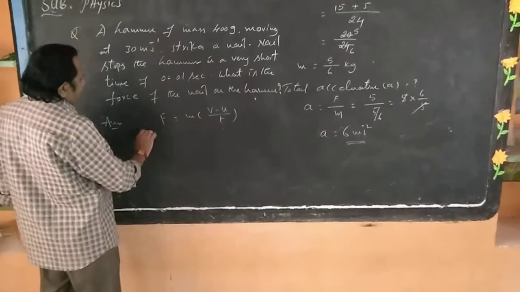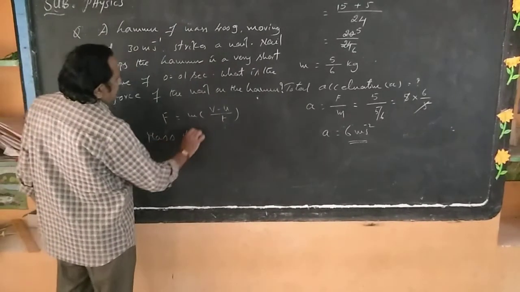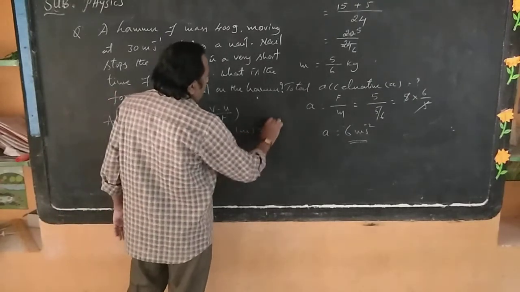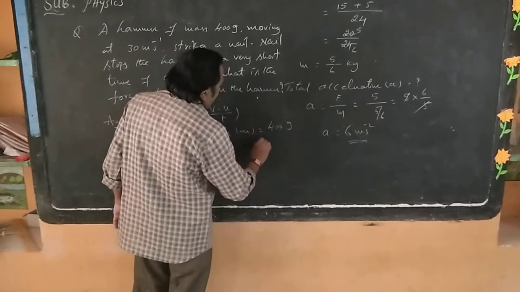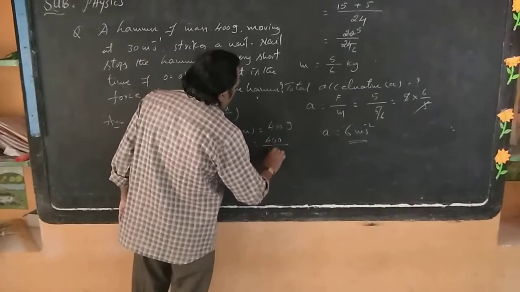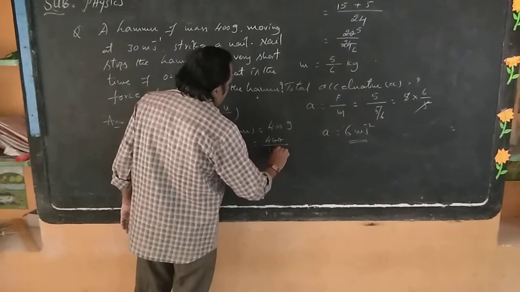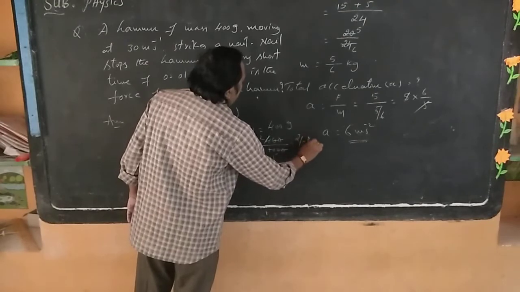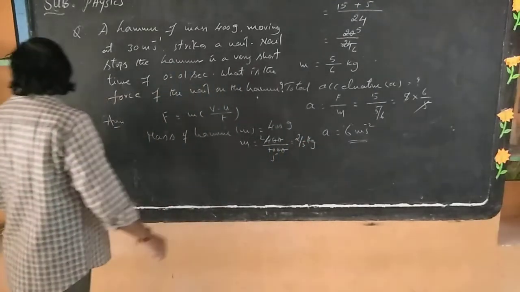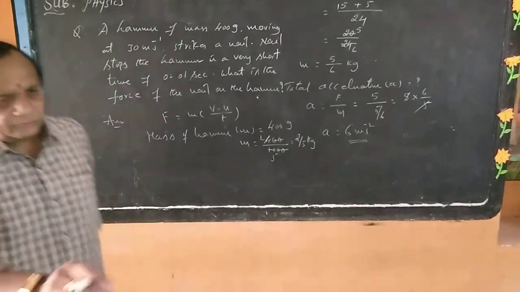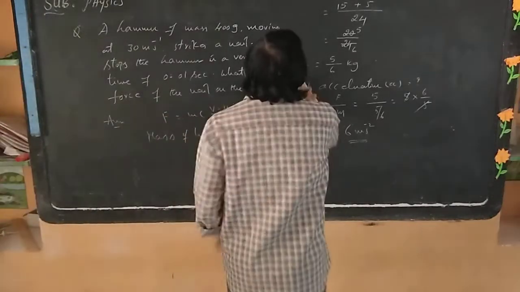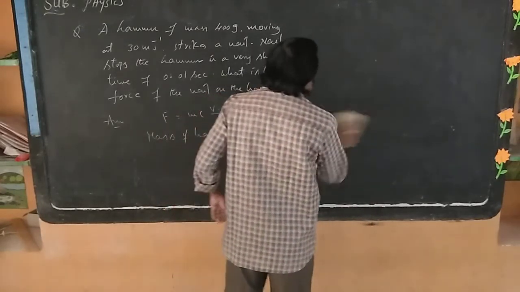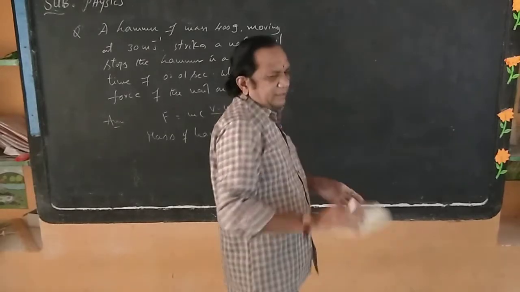So here the mass of the hammer, m, is equal to 400 grams. To convert that into kilograms, 400 by 1000 kilograms. 2 zeros cancel, 2 2s are 2, 2 5s are 10. That is equal to 2 by 5 kilograms. So mass will be 2 by 5 kilogram. Now the velocity we consider as initial velocity acting on the nail.